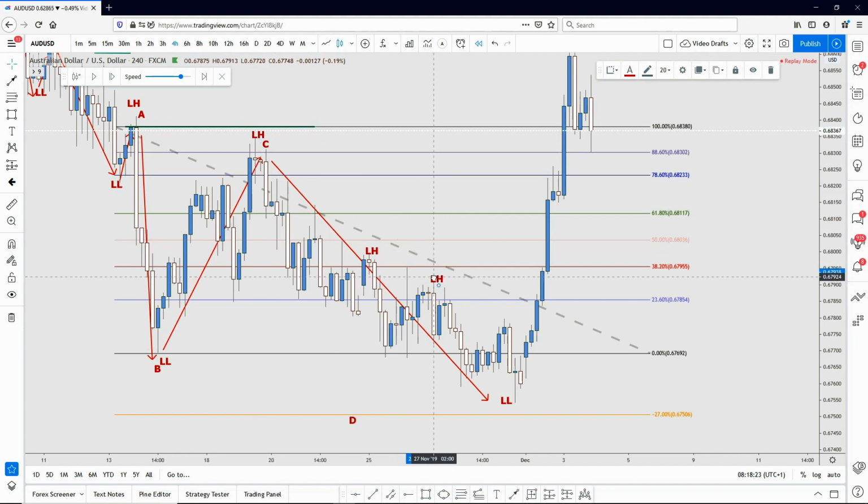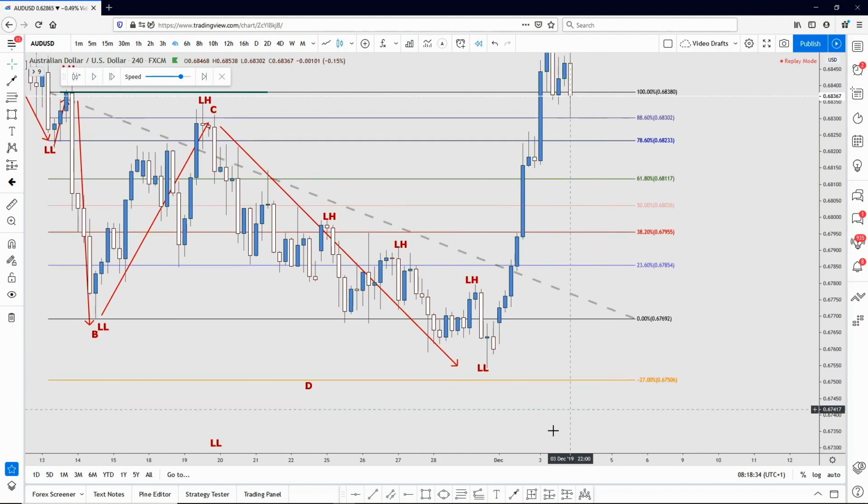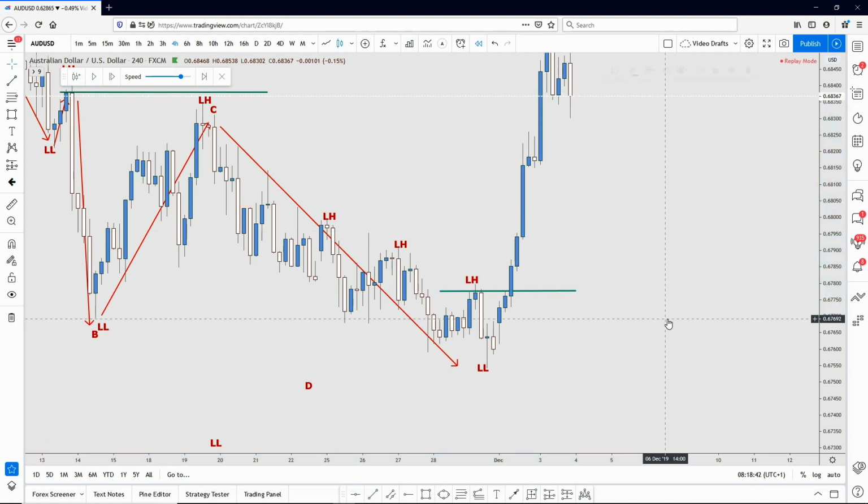This was a lower high. This was a lower high. And then you can see right here, structure broke. So I'm going to delete Fibonacci here.